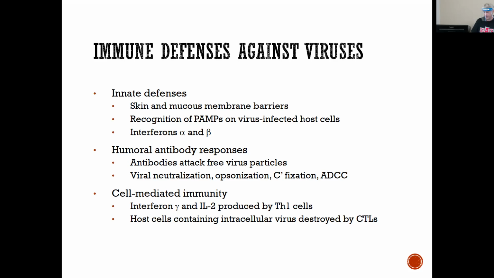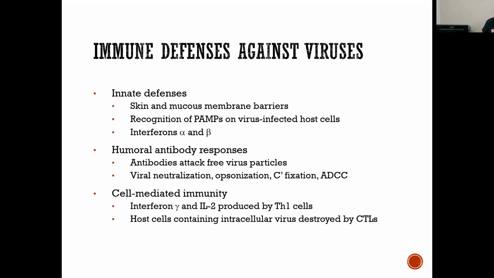And then we have our ADCCs, which are what? What are they again? Antibody-dependent cell-mediated cytotoxicities. Yes. All right. So that's all in play. So we know that we have IgG, we have IgM. They're there, right?